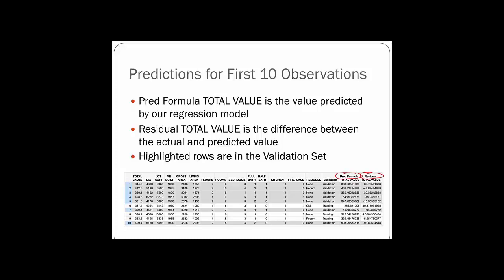So according to the model, what we see here for the first observation is a total value of 344.2 thousand, a predicted value of 383.93, and the residual on that is negative $39.73 thousand.